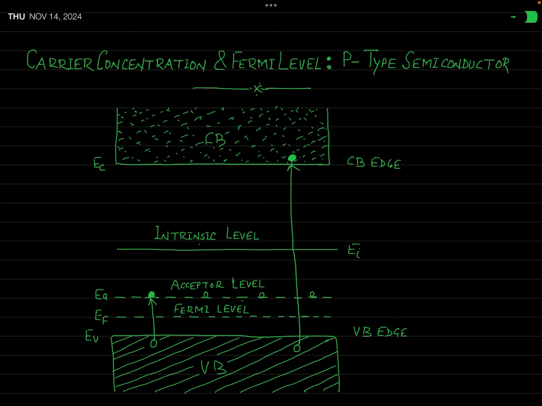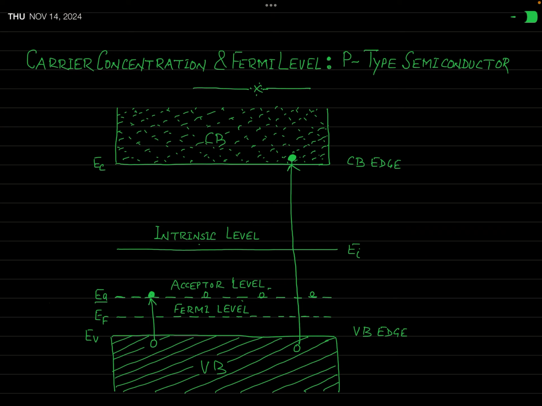These acceptor impurity atoms occupy the acceptor levels, which I have marked here by this dotted line, and its energy is equal to EA. So at 0 Kelvin temperature, all the impurity atoms lie in this acceptor level, which I have marked in this figure by this dotted line.